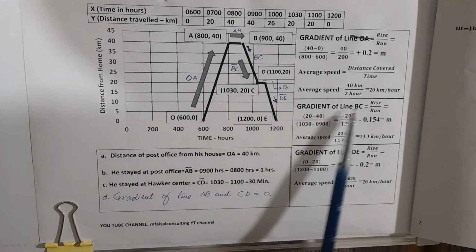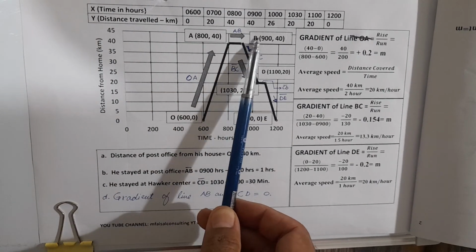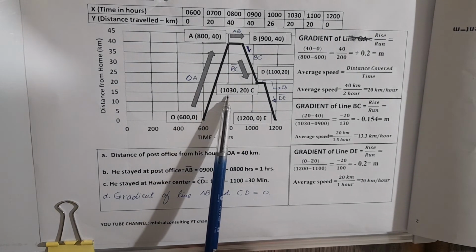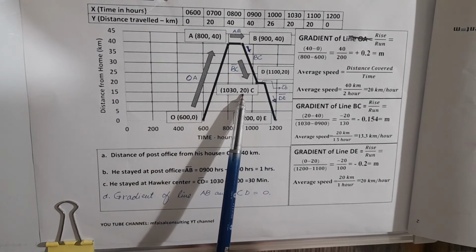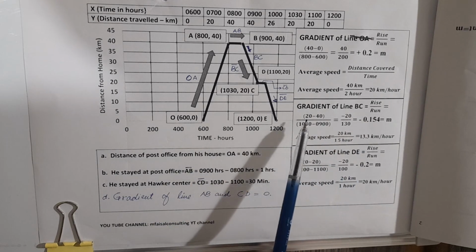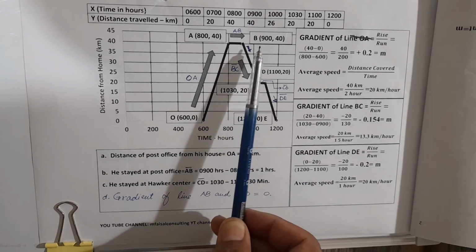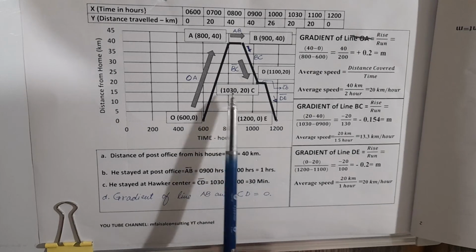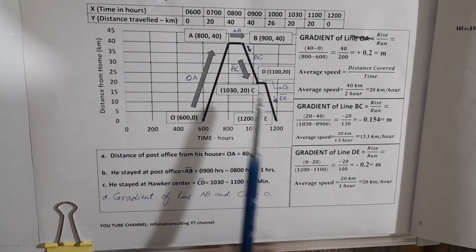Now, gradient of line BC. This is B. Initial position on x-axis 900, final position on x-axis 1030, initial position on y-axis 40, final position on y-axis 20. So line BC, rise divided by run is gradient. Final position on y-axis 20 minus initial position on y-axis 40, divided by final position on x-axis 1030 minus initial position on x-axis 900.